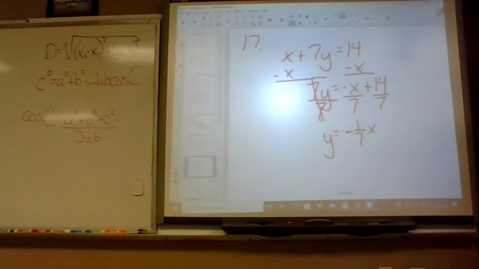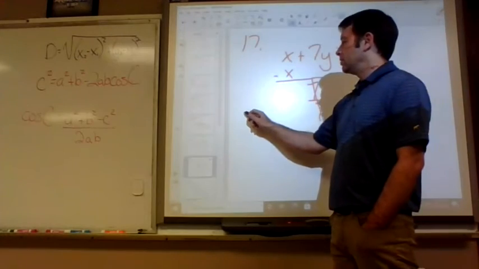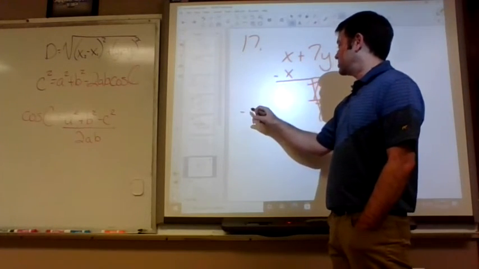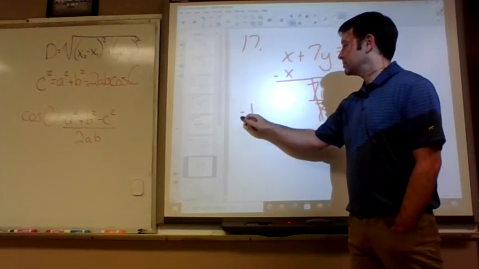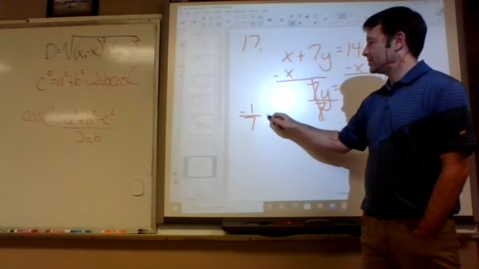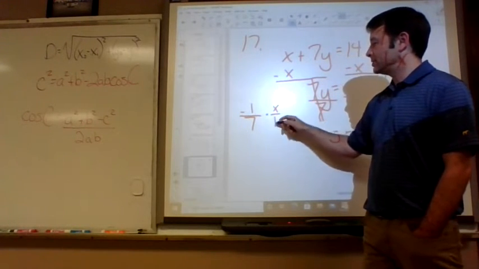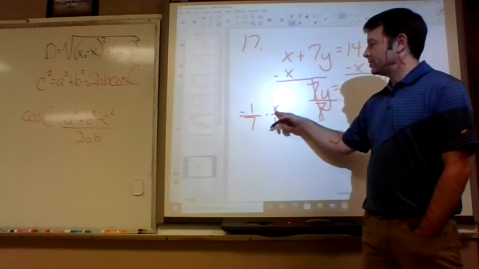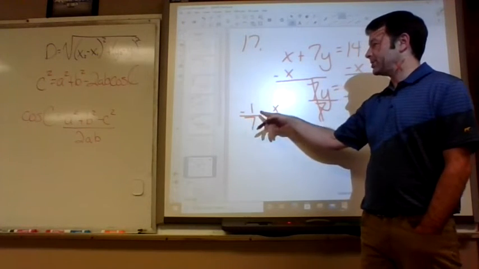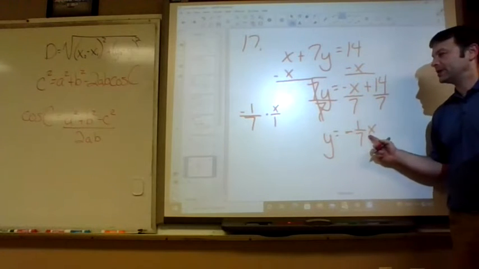Why did I put the x on the outside, not on the top? Because it's being multiplied. x is the same thing as x over 1. So when you multiply by x, you can put it on the top or you can just put it off to the side. That's the same thing.